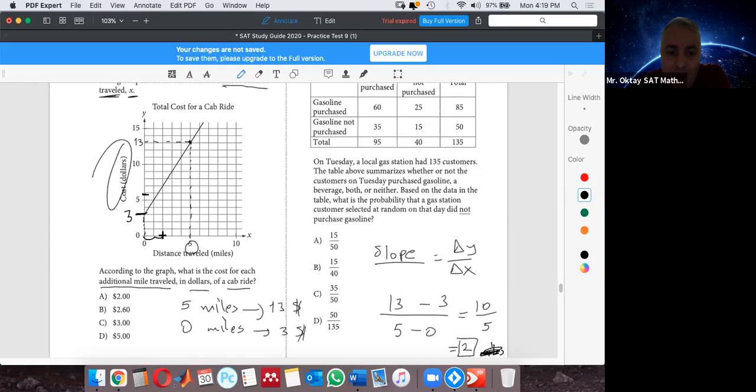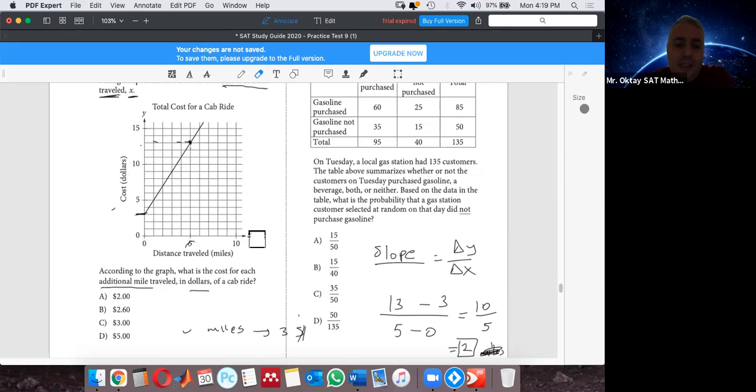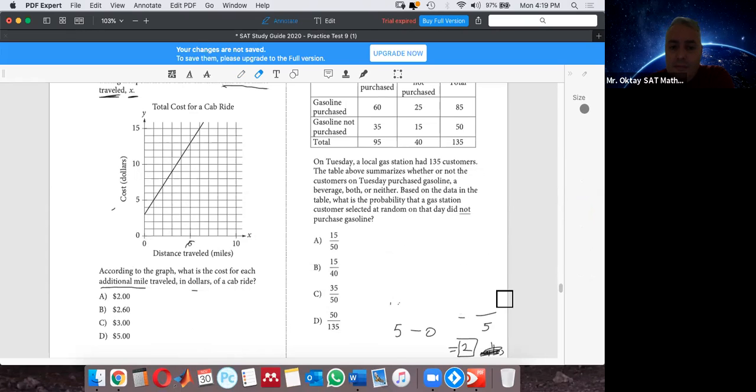When you go the second mile, you pay this money. When you go the third mile, you pay this money. When you go the fourth mile, you pay this money. Something like that. Now, let's go to the question. So the answer of the question is 2.